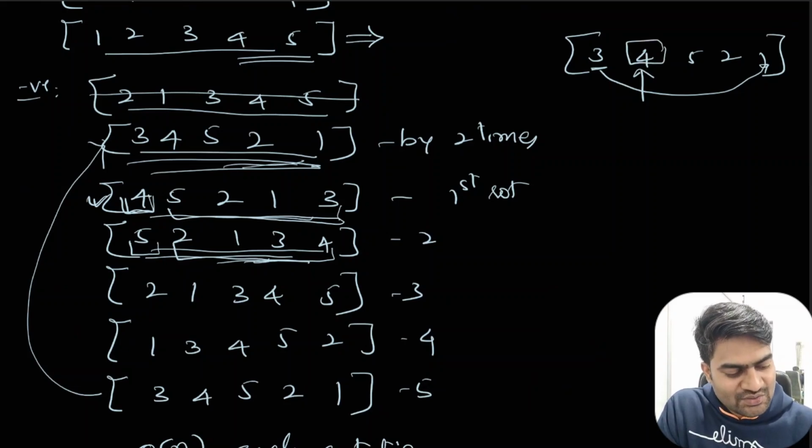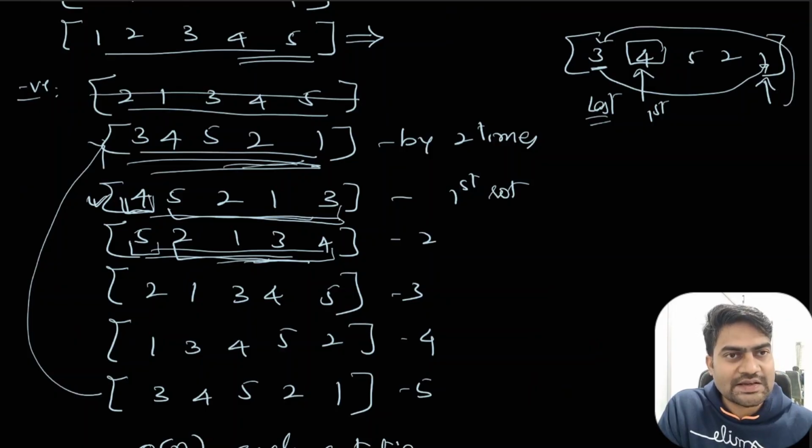This element will go to the end. So if it is the first element and it has to be the last element, then once my array reaches this position, again I need to start from the beginning. Correct, right?